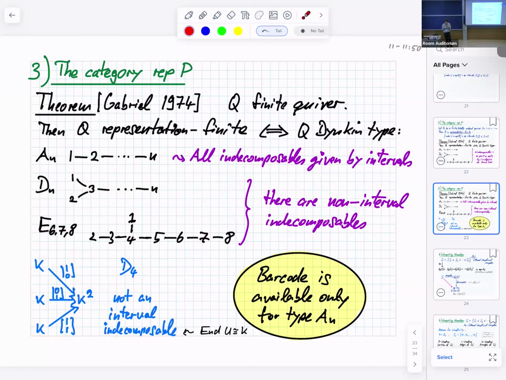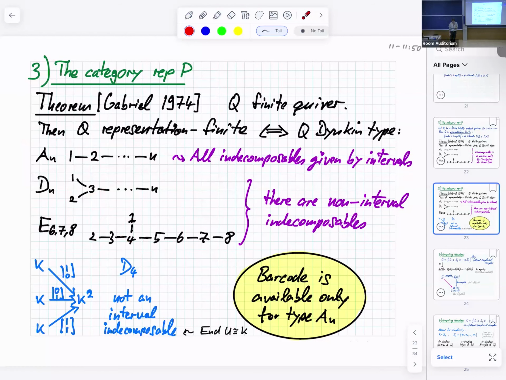However, what we see here is that the barcode description is available exactly here. Not there, not there, and not for anyone else, because for all the others, we have infinitely many indecomposables anyways, and they are not given by intervals.